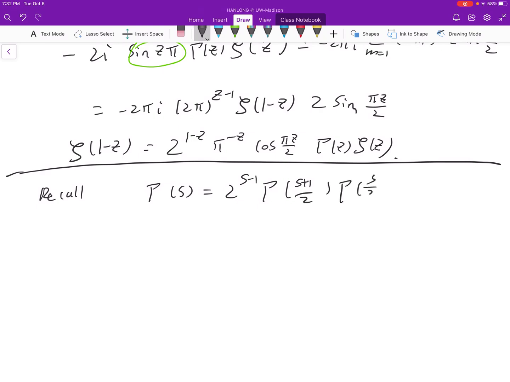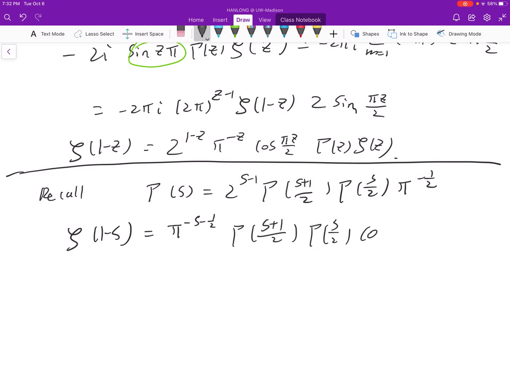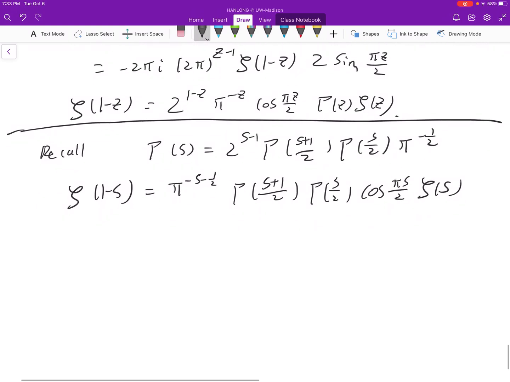Okay, then you have this, and then you plug in, you find ζ(1−s) is π^(−s−1/2) Γ((s+1)/2) Γ(s/2) cos(πs/2) ζ(s). We use the same notation. And then use the duplication formula. You can combine.